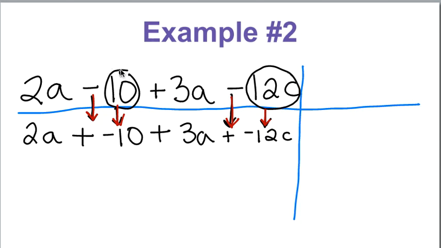And to be quite honest, when you think about what's happening here, if I'm subtracting a 10, that means I'm losing 10. If I add a negative 10 means I'm losing 10. So we are not changing the value, we are just changing the way this looks so that we can manipulate our expression.